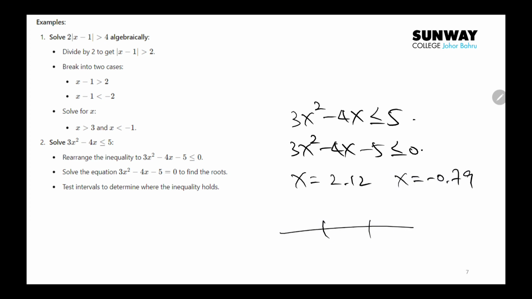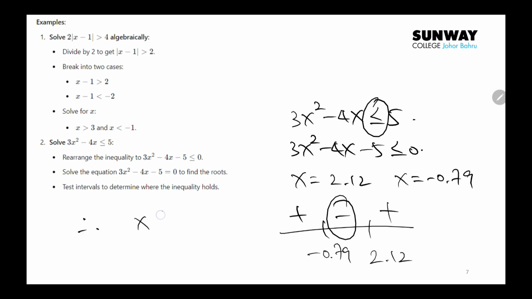So again, negative 0.79 is the smaller value, on the left. 2.12 is the bigger value, on the right. Plus, minus, plus. Smaller or equal sign was observed, so we choose the region in between. Therefore, x has to be in between negative 0.79 and 2.12 for this to be satisfied.